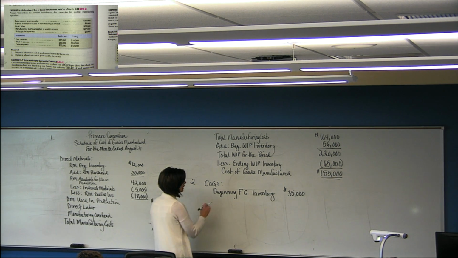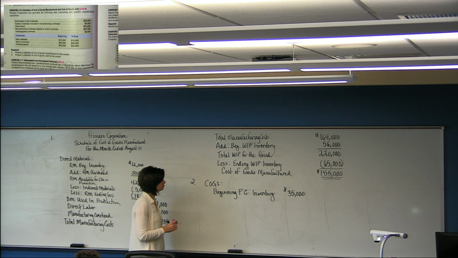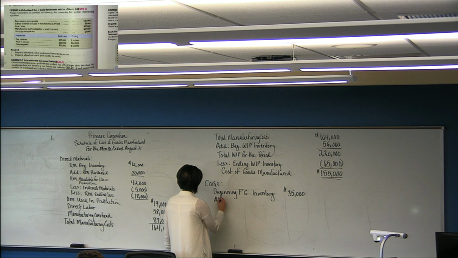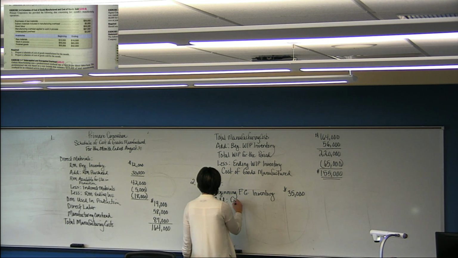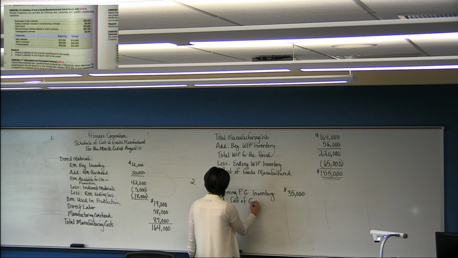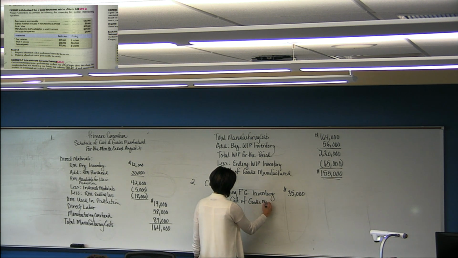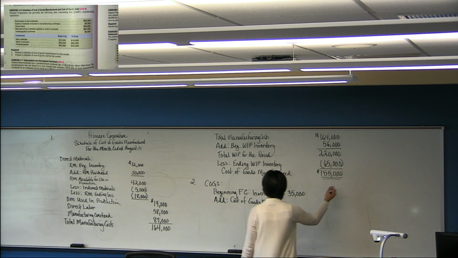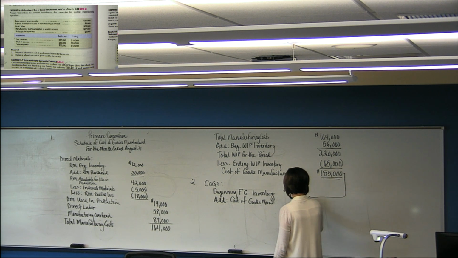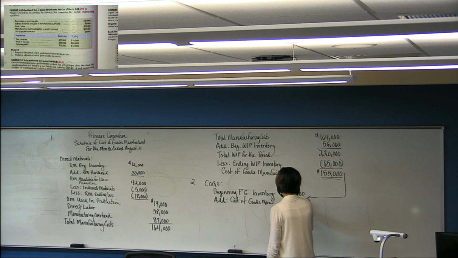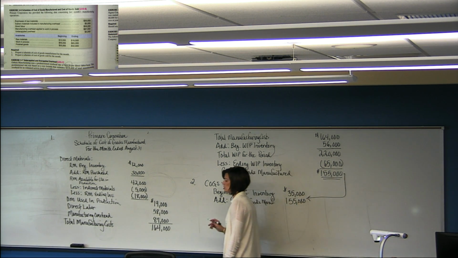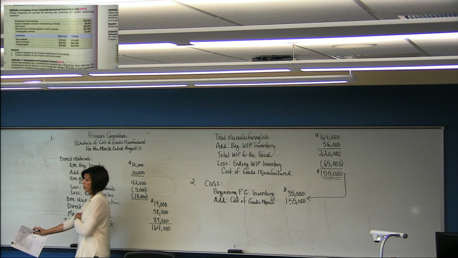What do I add to my beginning finished goods inventory? Cost of goods manufactured. Where do I get that number? Didn't I just calculate it? All of our financial statements are linked all the time, no matter what we're doing it for.